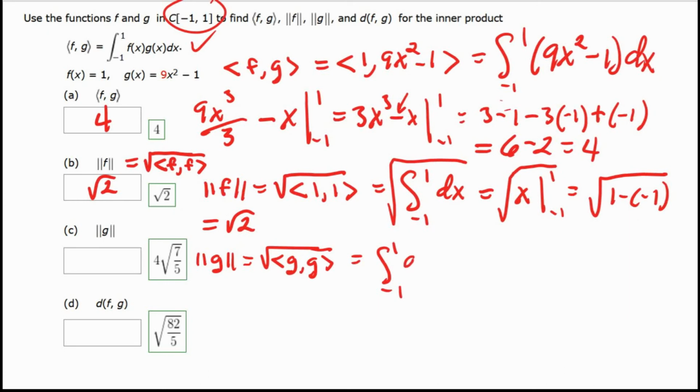G is, see, that inner product is defined here. So this is 9x squared minus 1 times 9x squared minus 1. We'll just say that's squared, dx. And then this is the square root. Okay, so let's work this out. Let me add a page.